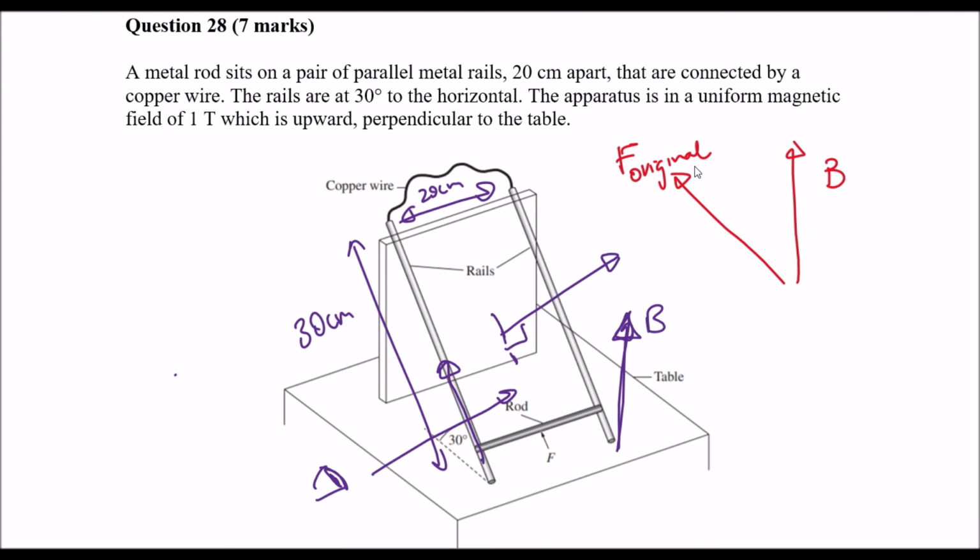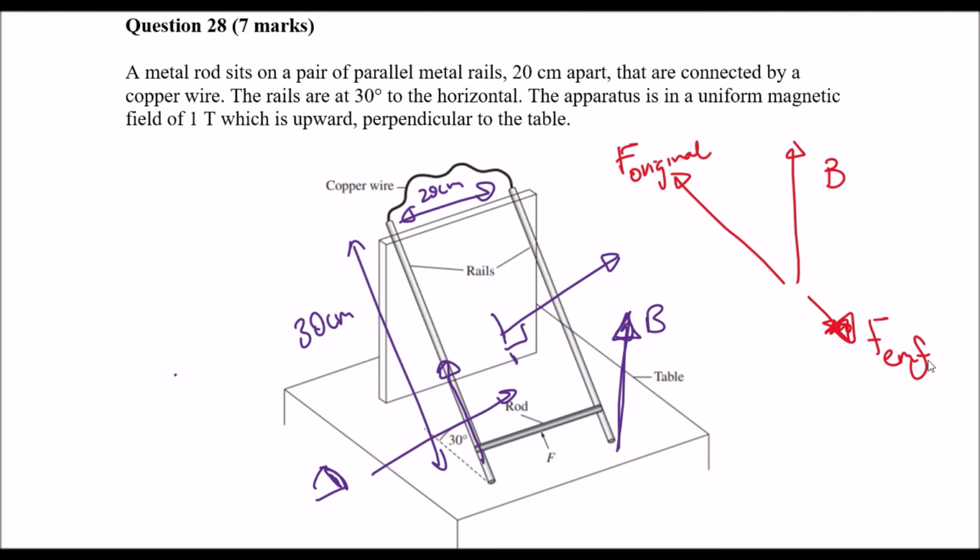What we understand from what Lenz's law states is that the EMF induced is going to be opposing the original motion. So the force of the EMF that I produce should be trying to push the rod back down. So that's kind of the idea there.